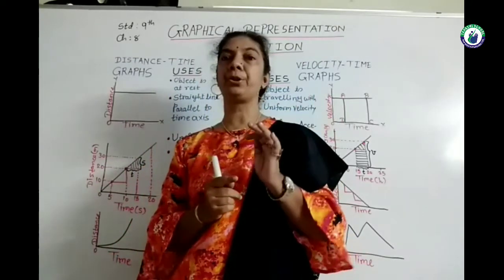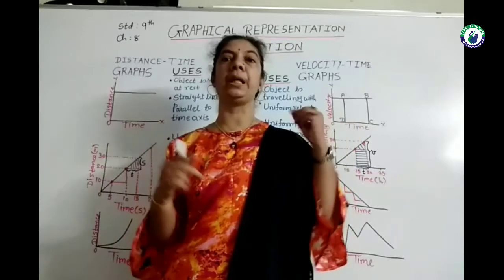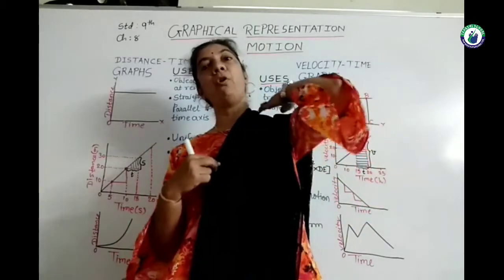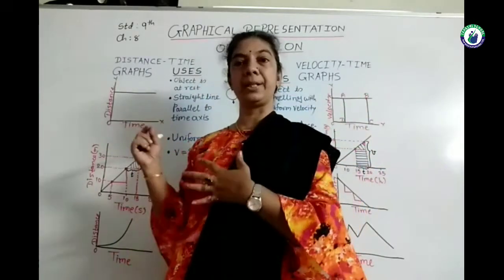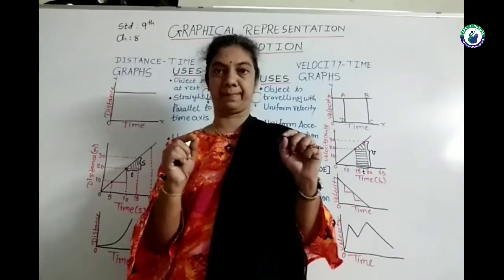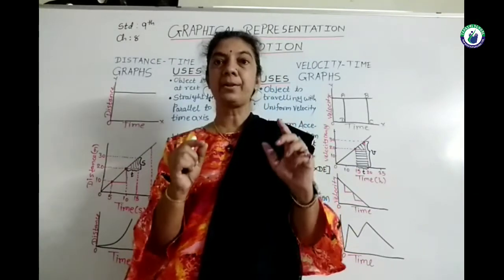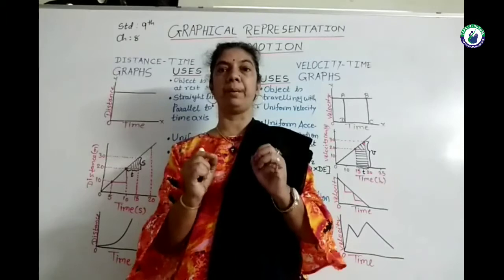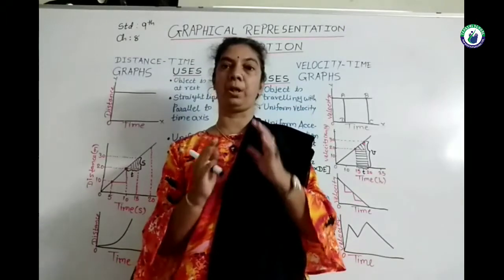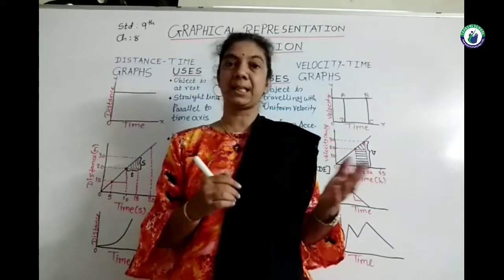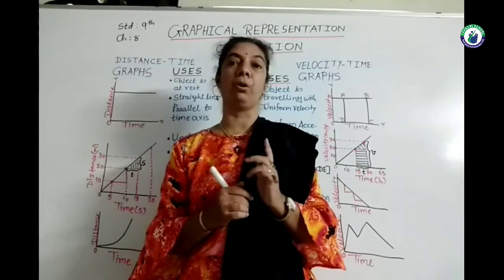You are supposed to remember the shapes of the graph and what we say about that shape in words. You are supposed to remember that very thoroughly. The last step is the calculation also.